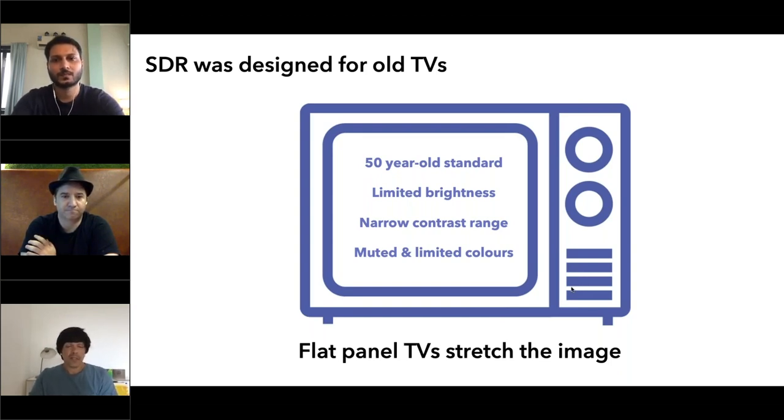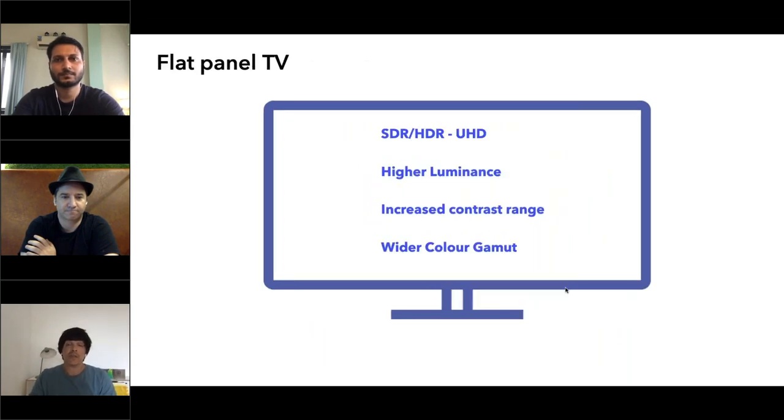Watching this content on today's flat panels would just stretch the image, so distort the creative intent. The new panels can show HDR content, so they are ready for the new technology. That means they can show higher luminance values, but even more important, they can show an increased contrast range and a wider color gamut.